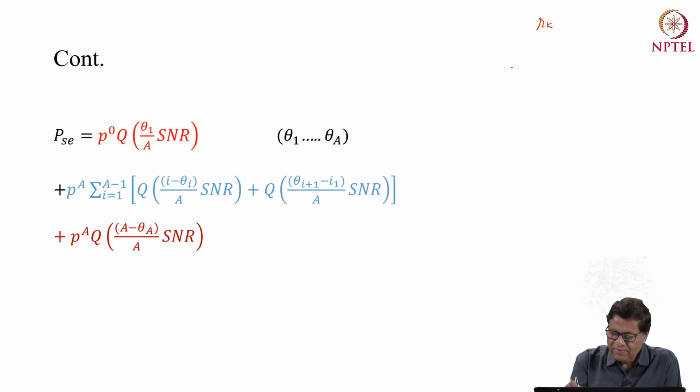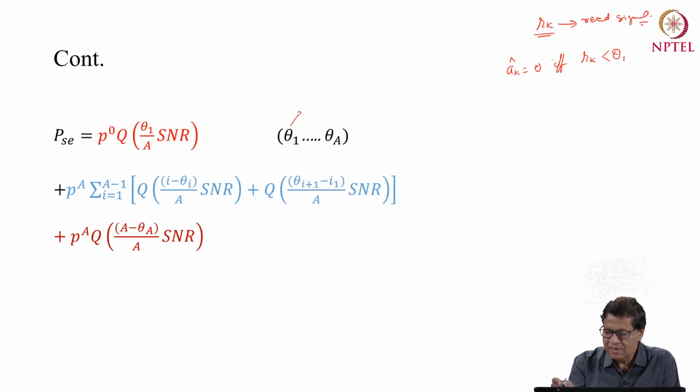If AK is 0, it will be 0 if and only if the received signal RK is less than some threshold theta 1, and these are different thresholds for different amplitudes.